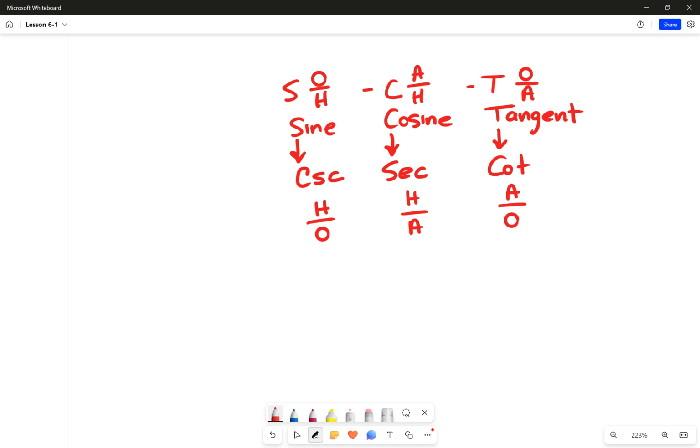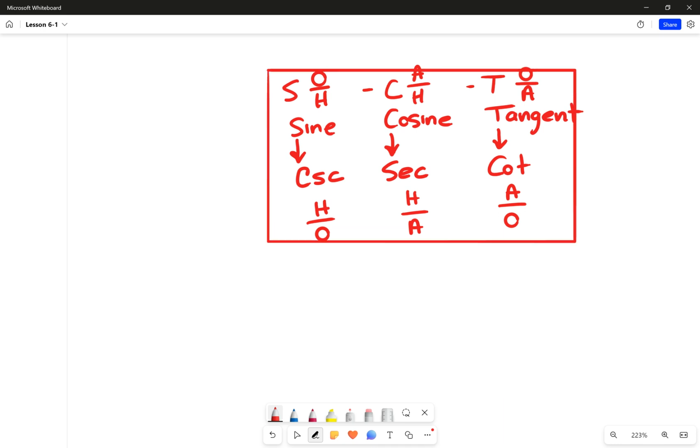So those are different ways that you can think of remembering. But right now you have your notes, so you can use those as reference tools.